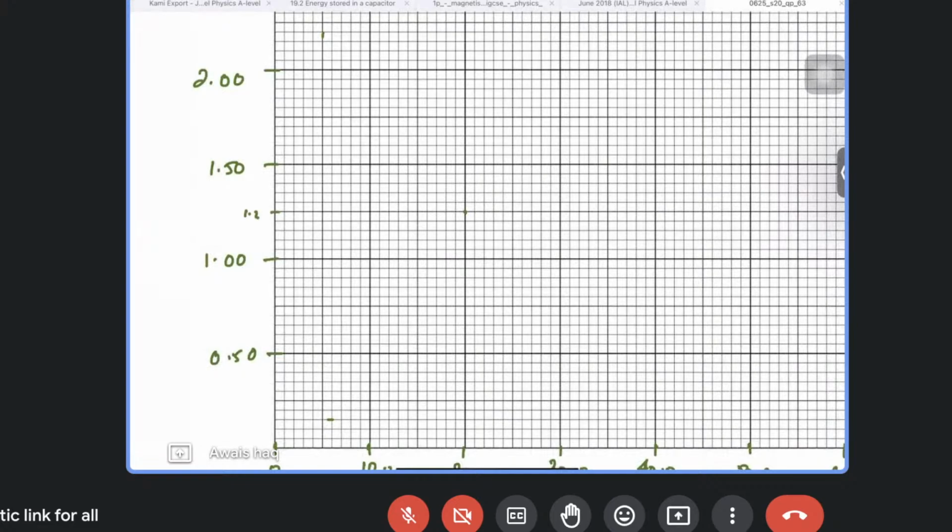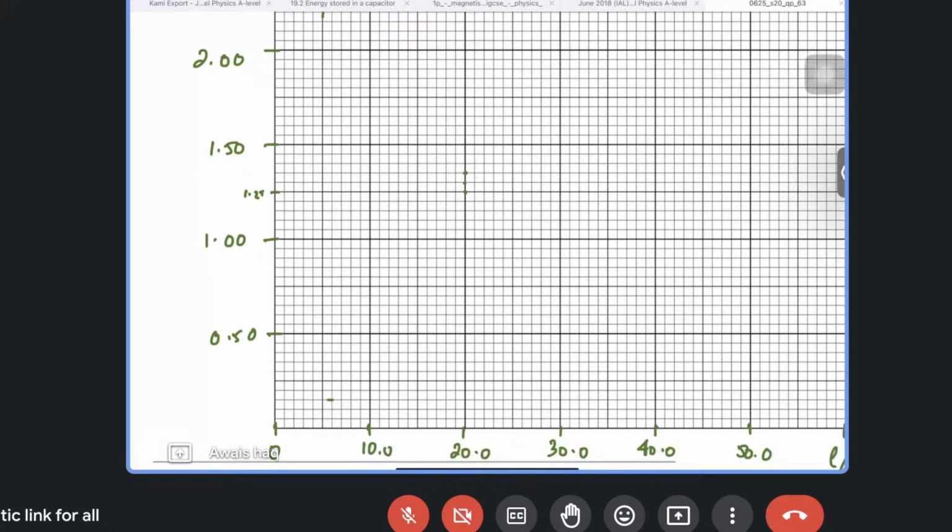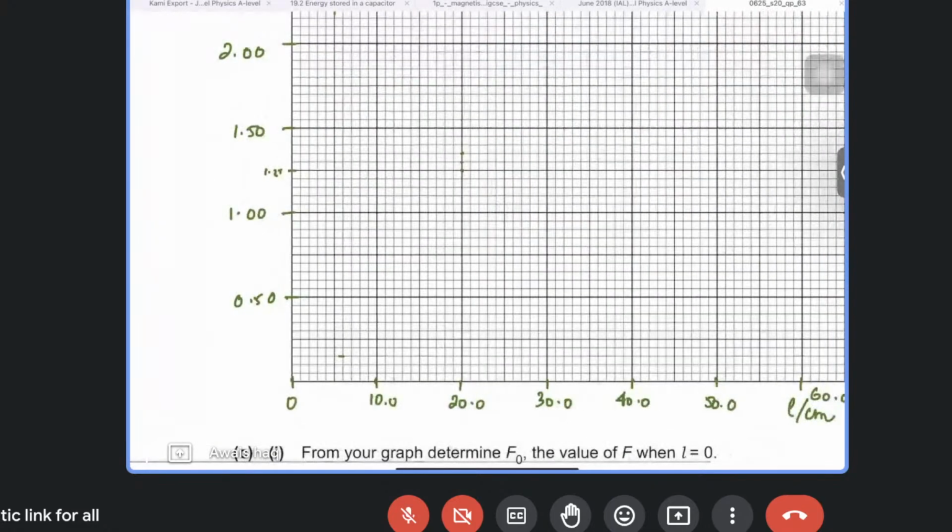Each box has to be 0.05, so 1.25, then 1.3, 1.35. So this will be 1.35, right? What you should do is just make a dot and put a circle around it. Or alternatively, you can also make a small cross like this.